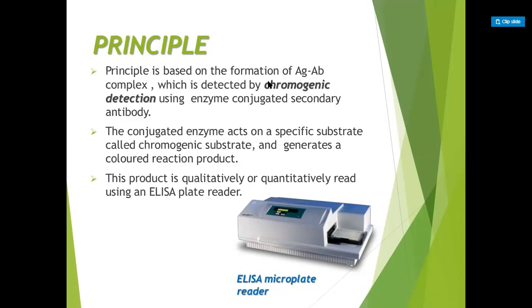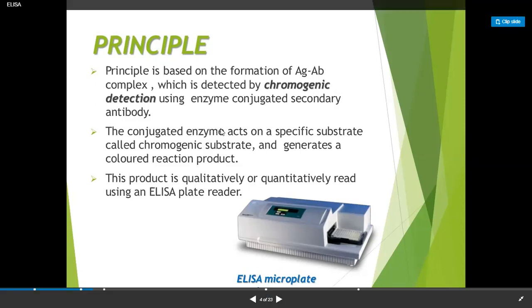When an antigen antibody complex is formed, then this formation will be detected using a chromogenic detection, that is an enzyme. The enzyme is an outsider which is used for detection using a color.